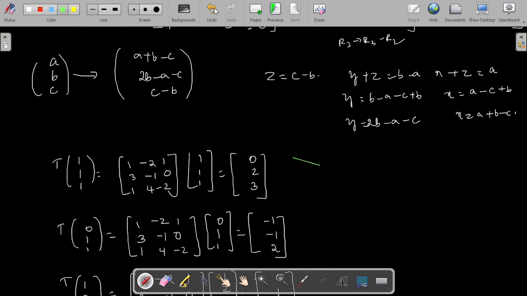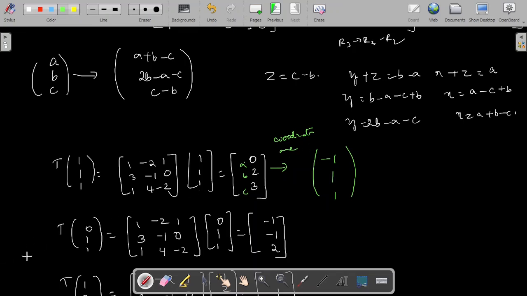So coordinates of this vector, where this vector gets mapped to, are given by A plus B minus C. So 2 minus 3 minus 1, 2B minus A. This is A, this is B, this is C. Apply that formula here. 2B minus A minus C, that is 4 minus 0 minus 3, 1. Next C minus B, 1. This is what it is called in the new coordinate system.